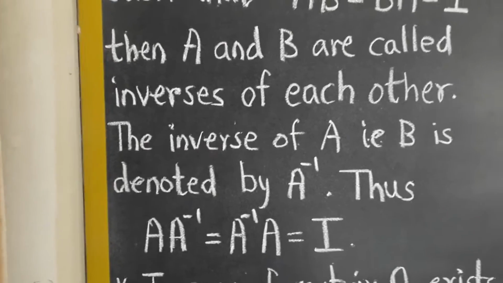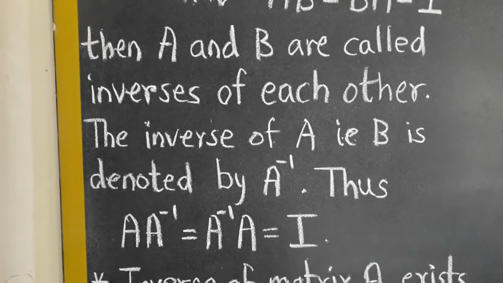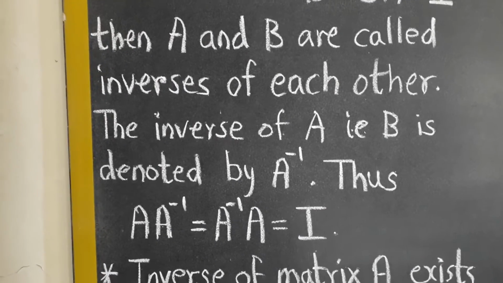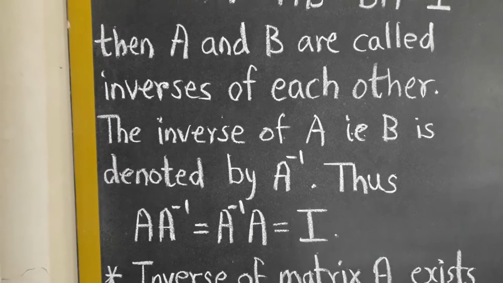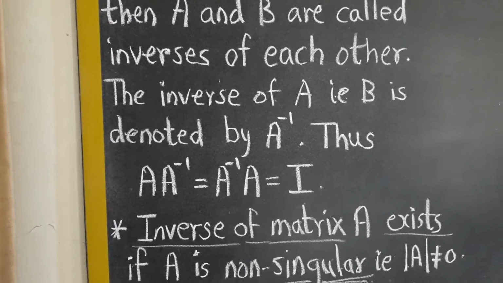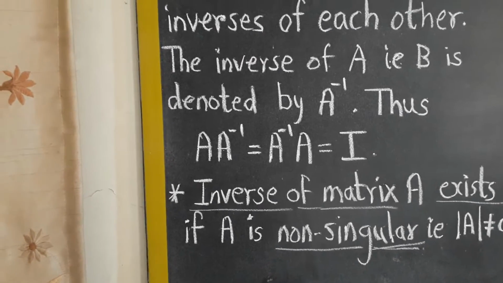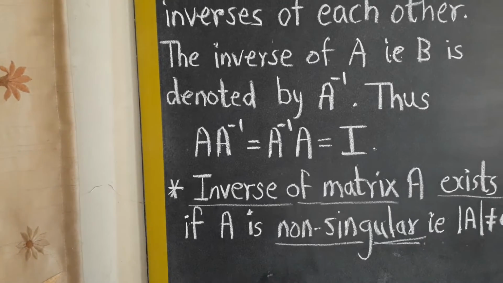Now, for which type of matrices can we find the inverse? The inverse of a matrix will exist only if A is a non-singular matrix.